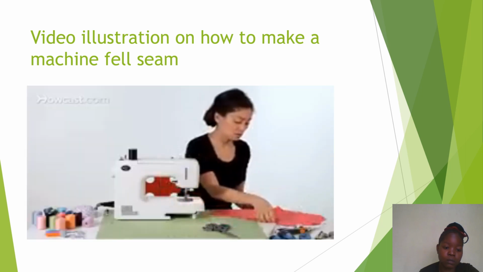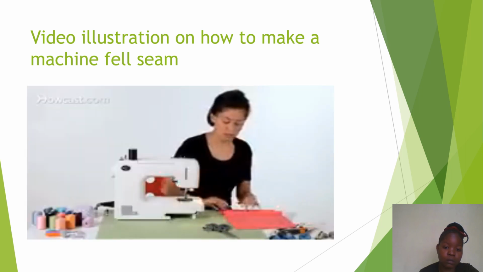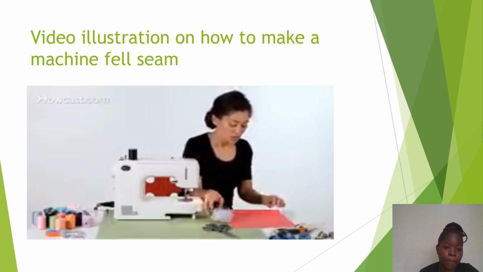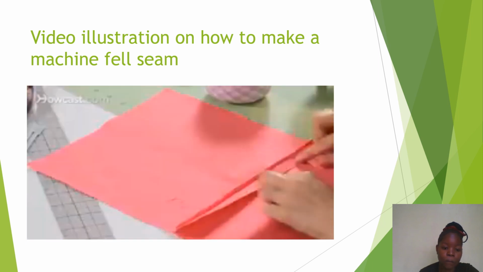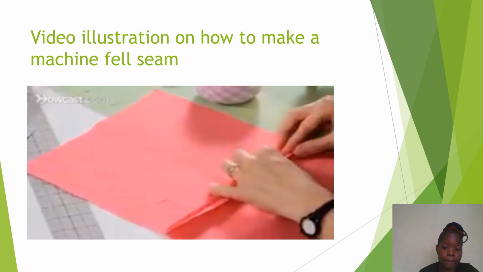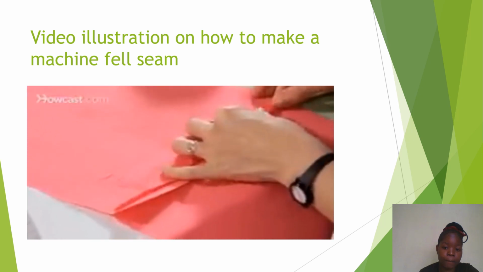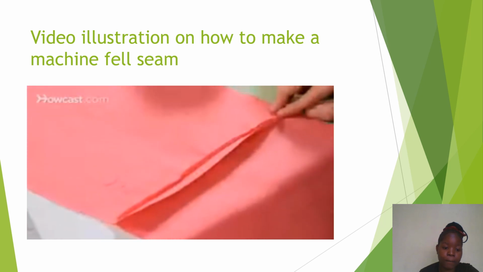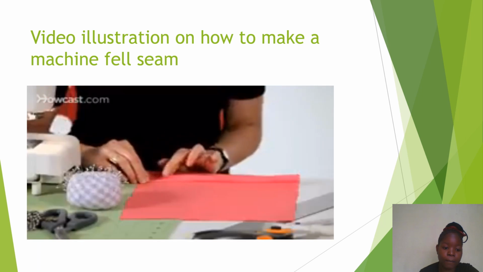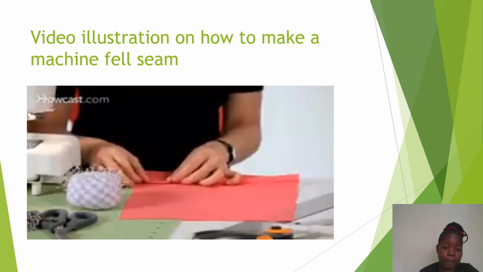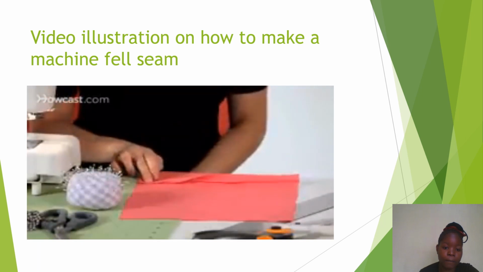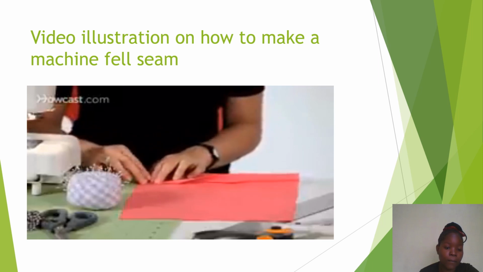Now, to hide all these raw edges, I'm just going to take this larger seam allowance and fold it under, and then fold the whole thing over. So everything is hidden.